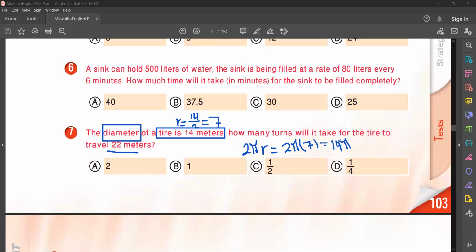Okay, what about now? We have 22 meters, right?